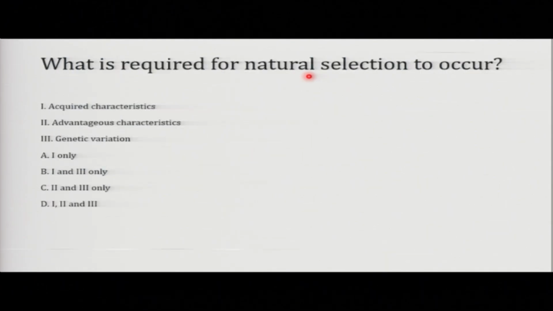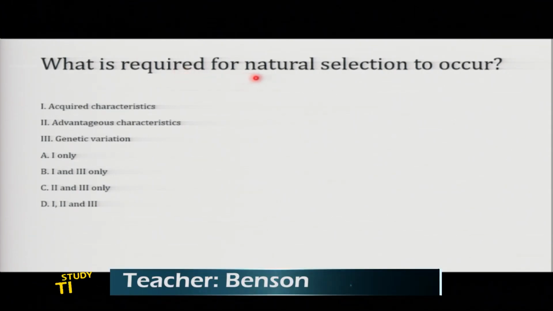Going to the next question, what is required for natural selection? Now, this is another component, in which we are saying, what is the soup? What is the ingredient? What is the prerequisite? What is needed if natural selection is to take place?